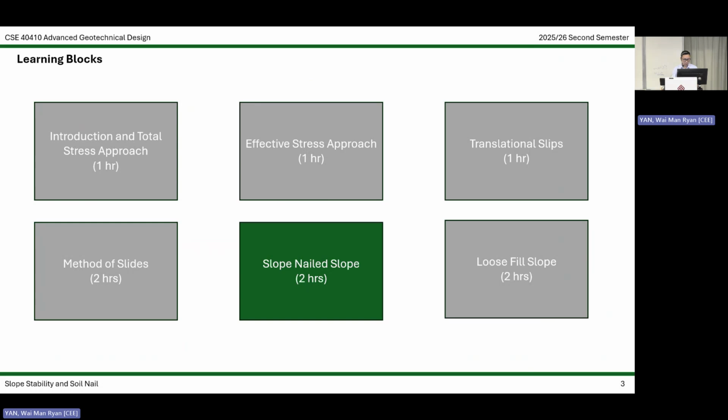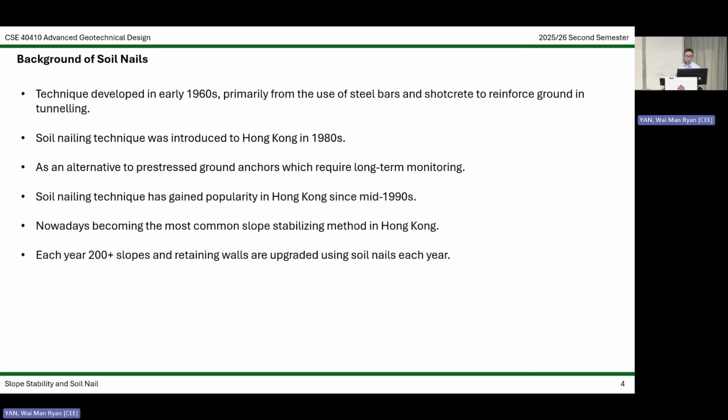So let's see. First of all, we talk about some background of soil nails. You see that I only got a few bullet points because it only highlights the key stages of using soil nails in Hong Kong. Now, first of all, the soil nail was not first developed in Hong Kong.